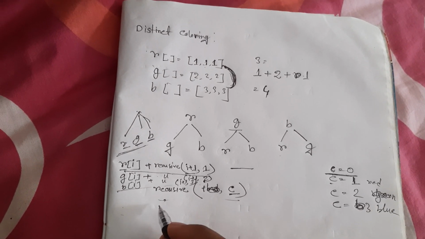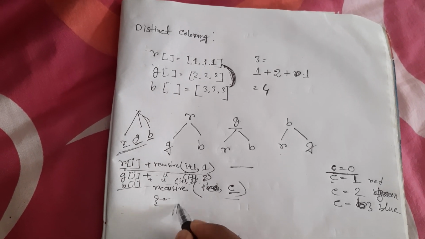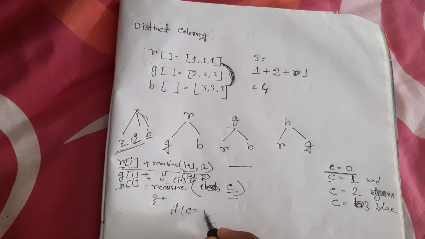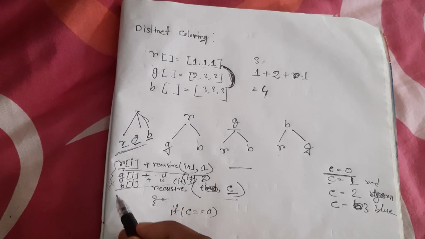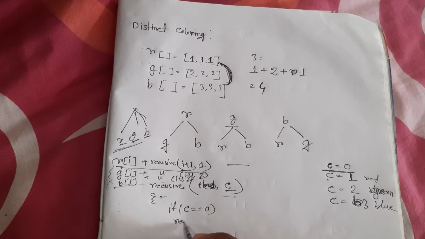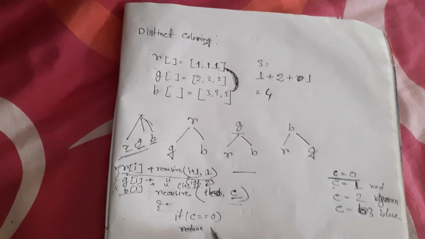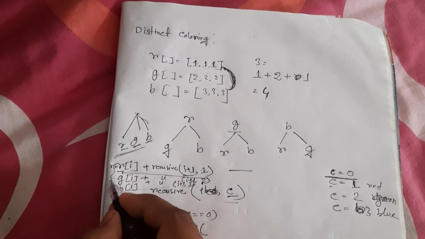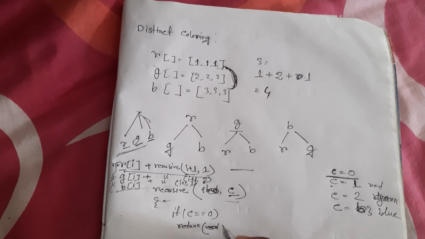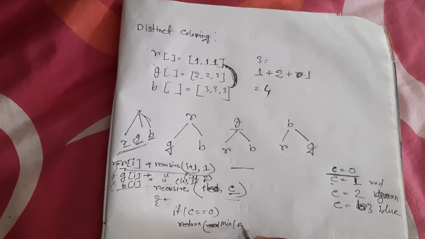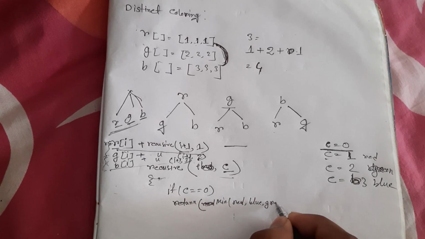So if C equal to 0, from these three calls, we return the minimum of red, blue, or green.